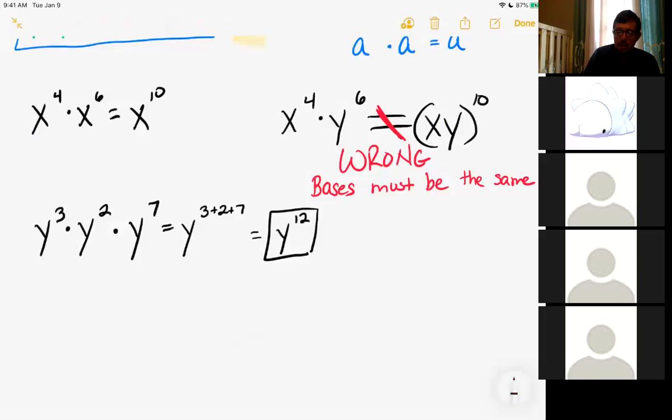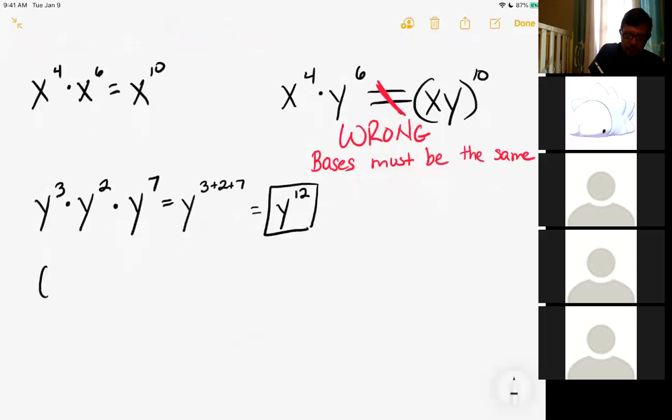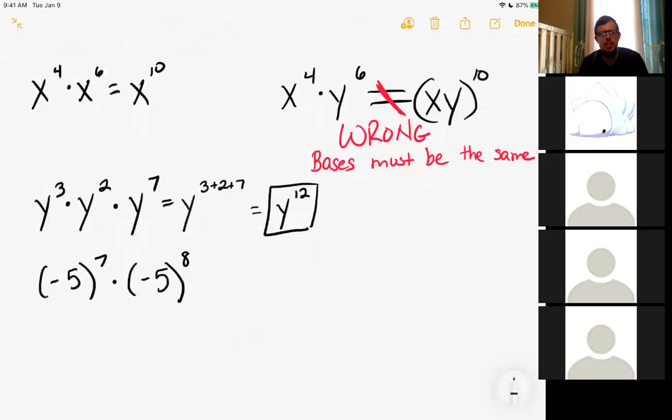Also works if you have something goofy like negative bases. Now with the negative bases, the bases have to both be in parentheses. We talked just a few minutes ago about how -5 in parentheses and -5 not in parentheses aren't the same thing. But as long as they're each in their own set of parentheses, we're okay there.